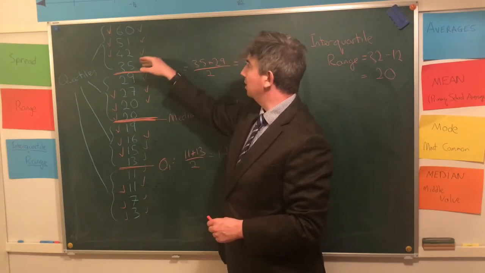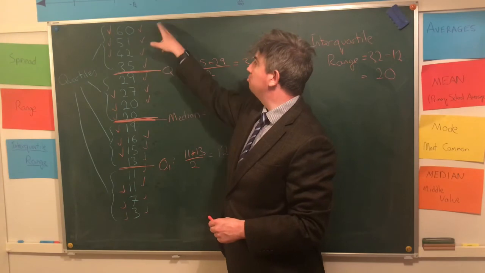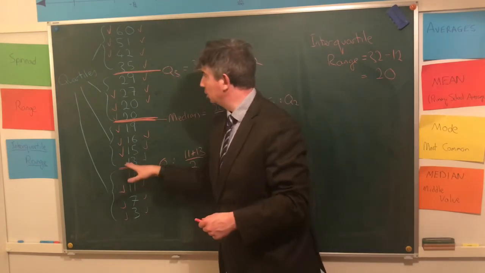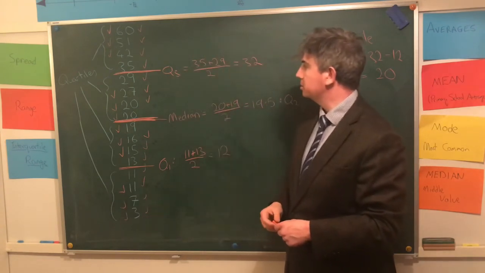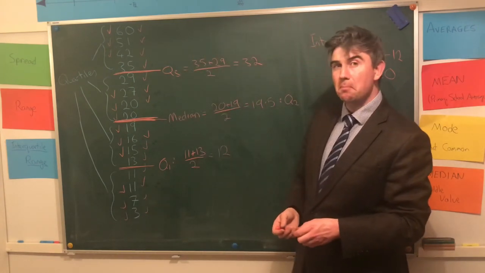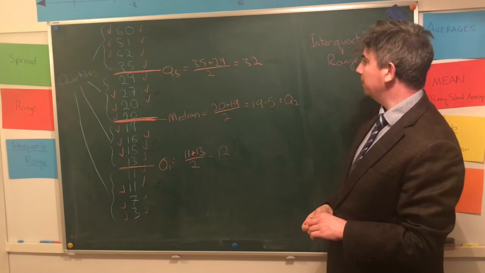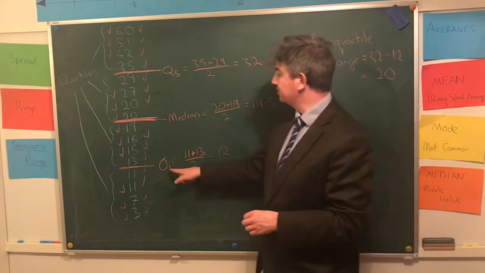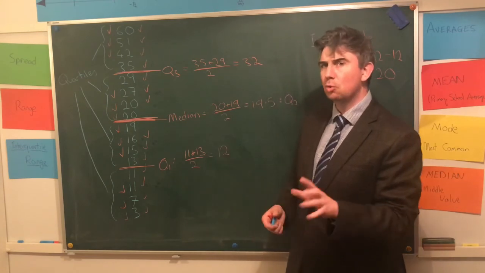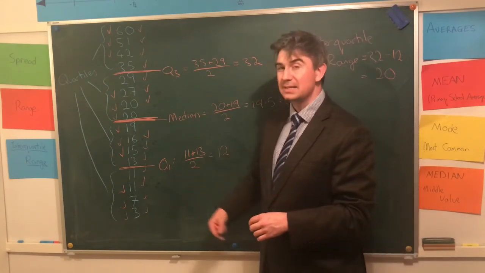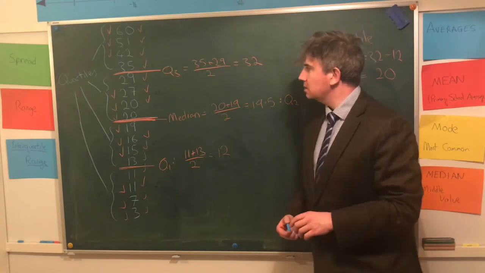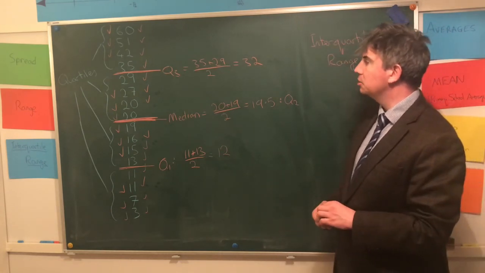The upper quartile has the bigger numbers, and the lower quartile, the smaller numbers. So that's your new word. And Q obviously stands for where the quartile ends. I always call them quarters, but quartiles is the more correct way of calling them. So that's interquartile range covered.